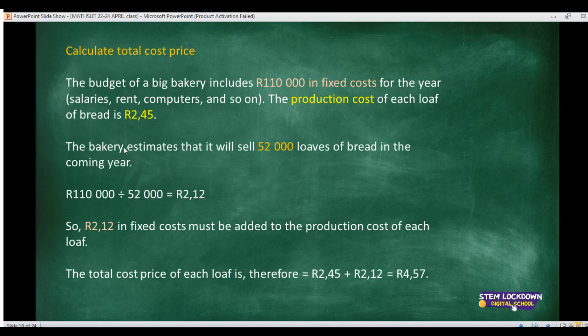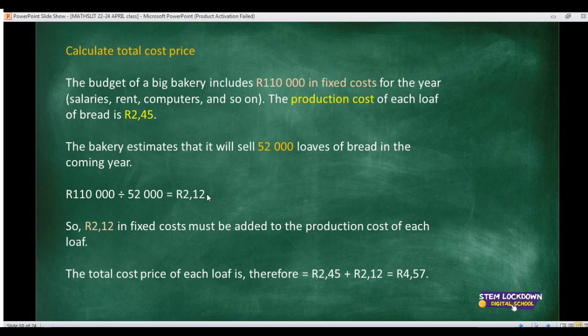Why 52? The baker has estimated that it will sell 52,000 loaves of bread in the coming year. That's why we are dividing by 52,000. Then it is equal to 2 rand 12 cents. So the fixed cost of one loaf of bread is 2 rand 12 cents.